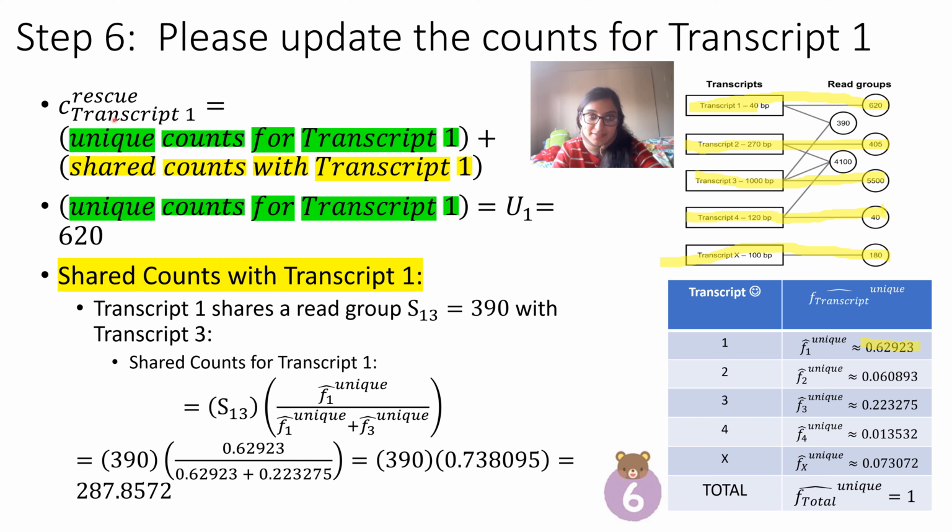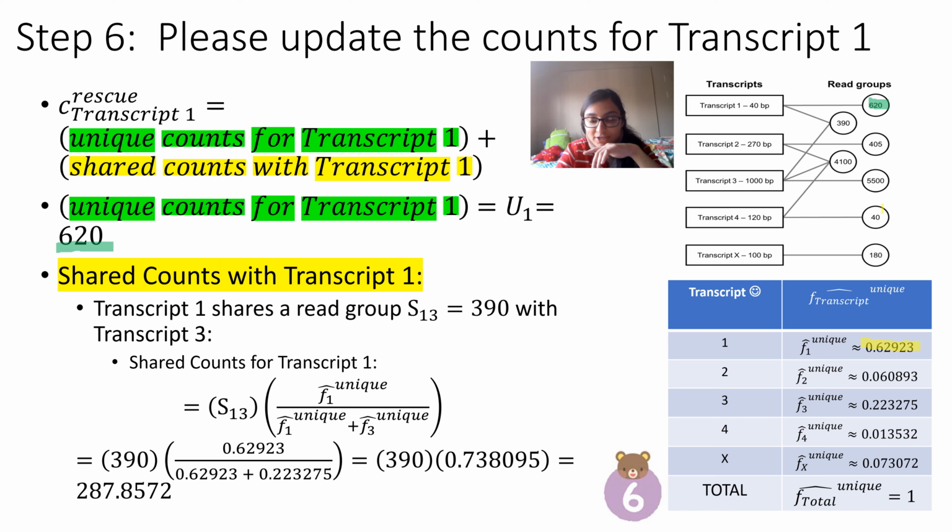So if you're trying to find the C rescue for transcript 1 in this toy example, we would look at the unique counts for transcript 1. The unique counts would just be this 620 value here. Then the next thing is we look at the shared counts of transcript 1.